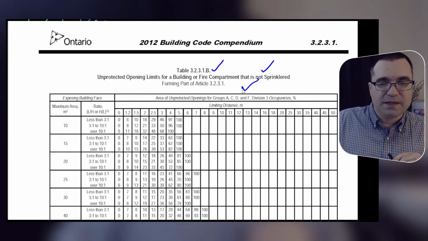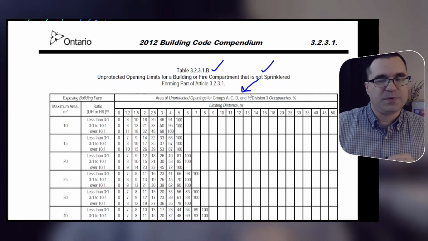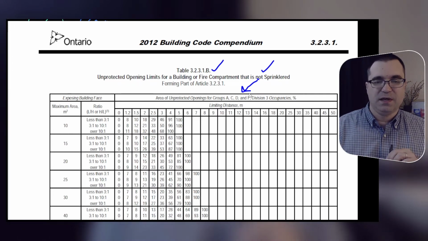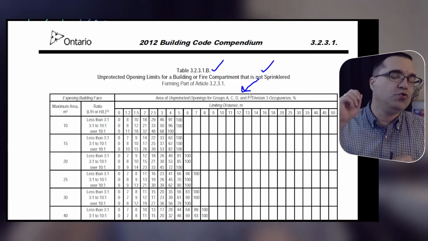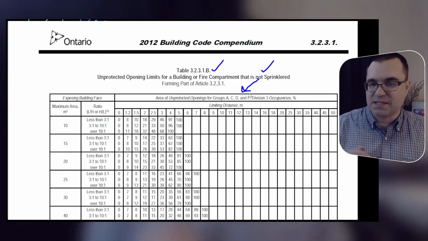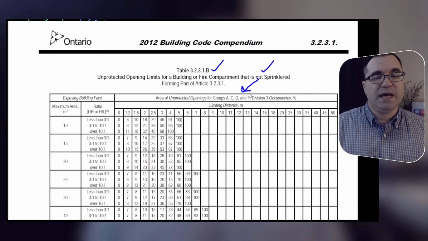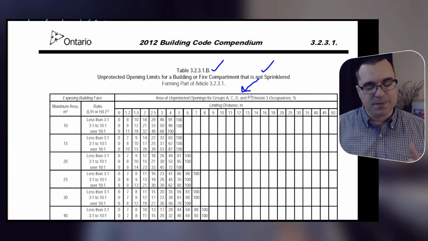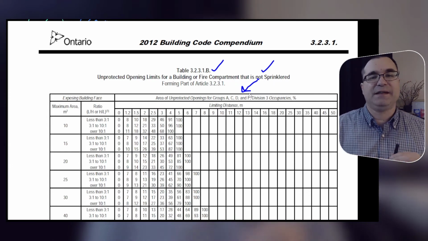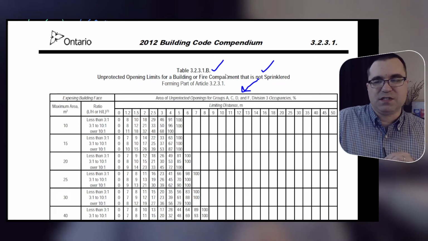Furthermore, right here, for each table, it tells you what groups and occupancies are allowed to be used. In our case, for B, so that's 3.2.3.1b, it's for non-sprinklered occupancies, and it's also for A, C, D, and F3. Since our building is not sprinklered and an A2 building, that means we must use this table.